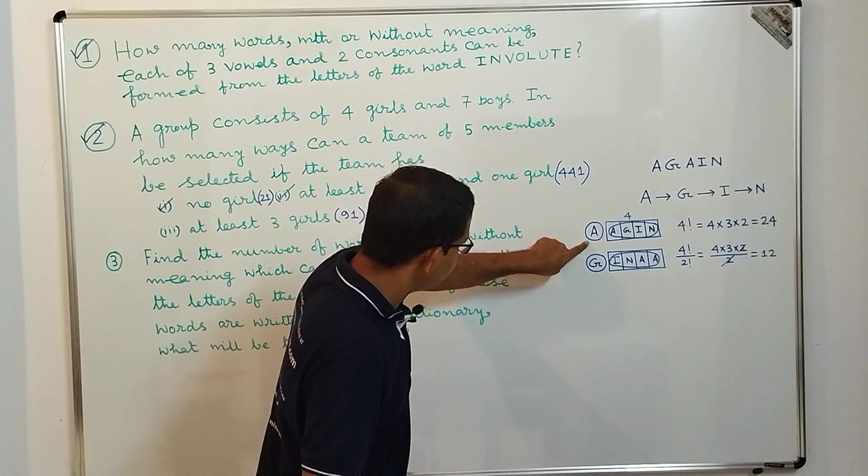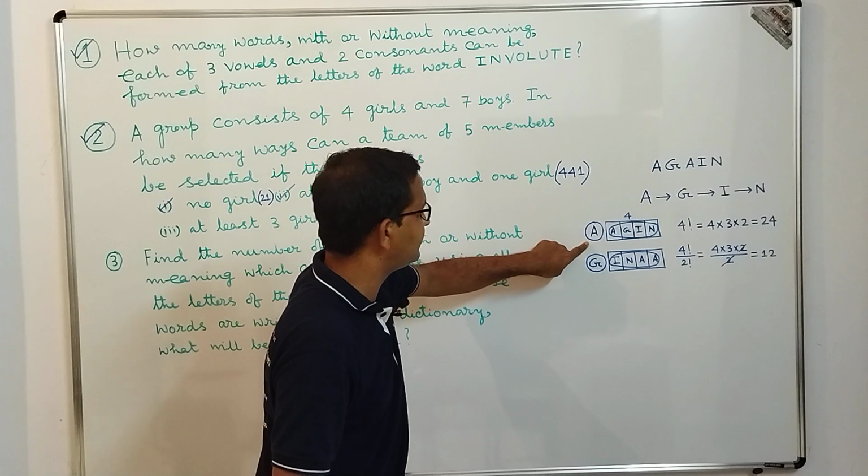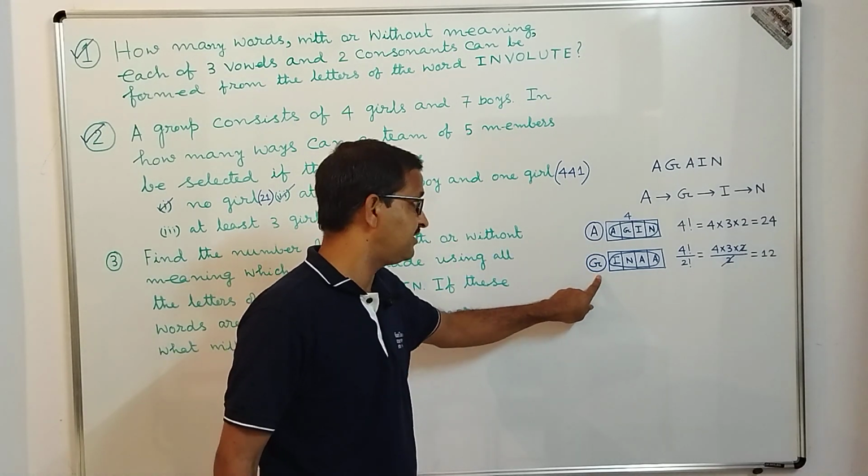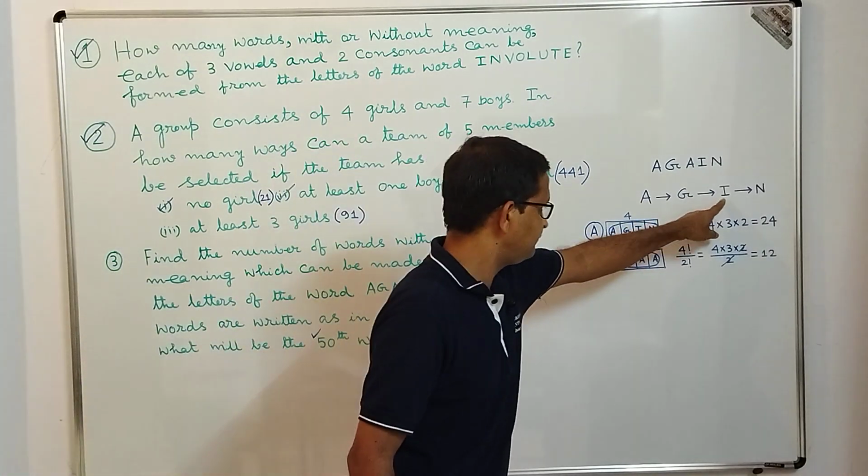Now once all the words starting with the letter A are done, followed by all the words starting with the letter G, then what comes next is the I, correct?